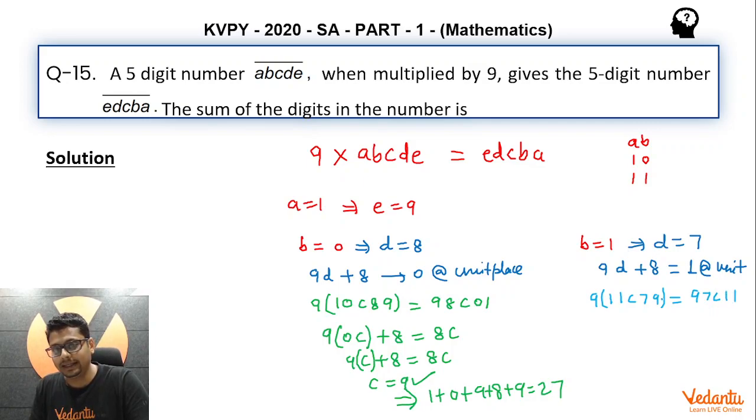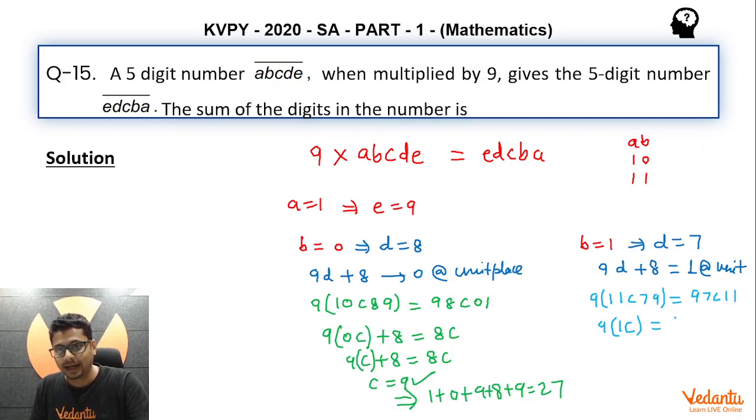9 multiplied by 9, 81. You put 1 here, carry forward 8. 9 multiplied by 7, 63, plus 8, 71. You put 1 here, and 7 gets carried forward. So here, again, 9 multiplied by 1 gives you 9, and that means there shouldn't be any further carry forward from the part where you multiply 9 with 1c, where 1c is supposed to be a 2-digit number.